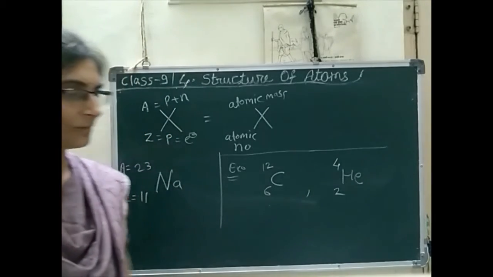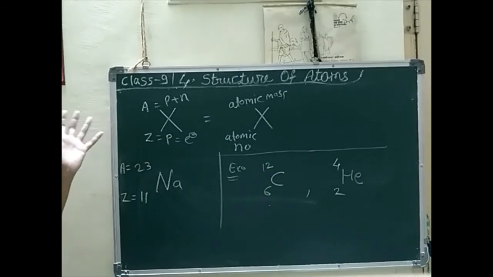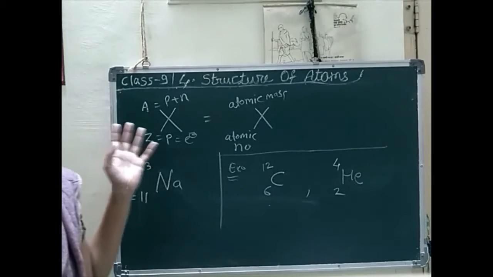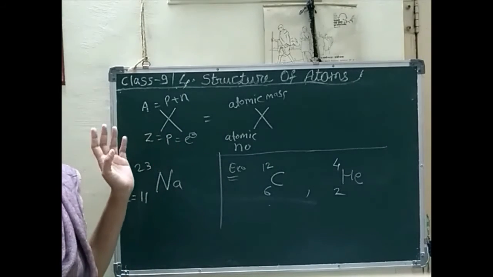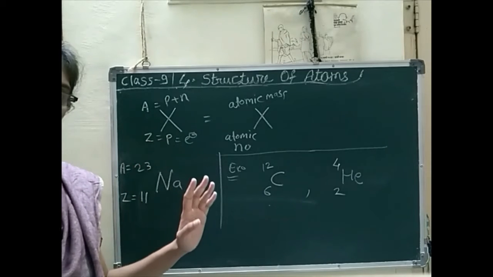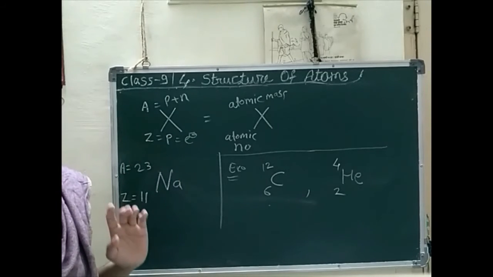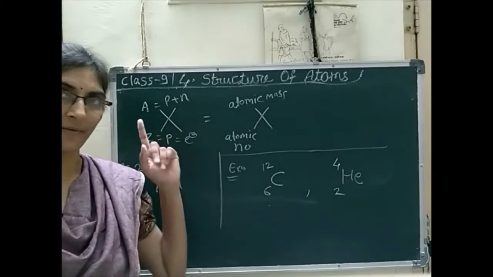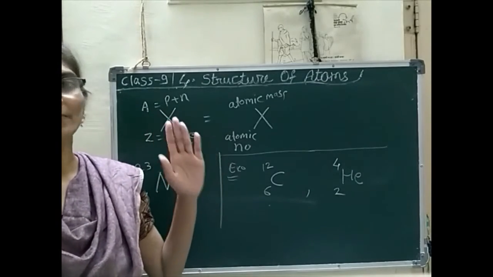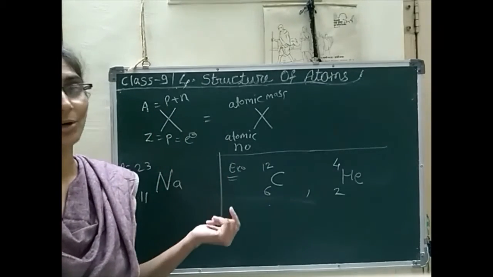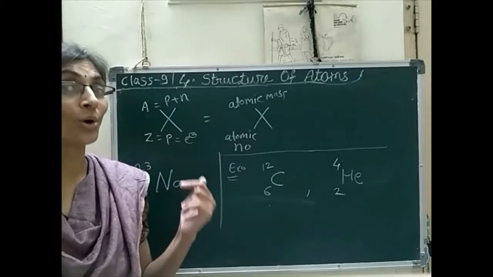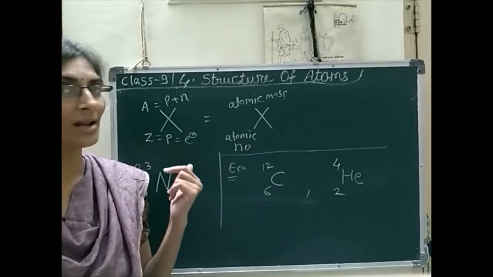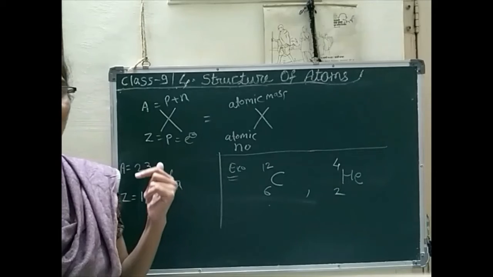So here we have seen the different types of atomic structure and all the subparticles. Which subparticles does an atom have? Electrons, which have negative charge, protons, which have positive charge, and neutrons, which have no charge, meaning they are neutral.